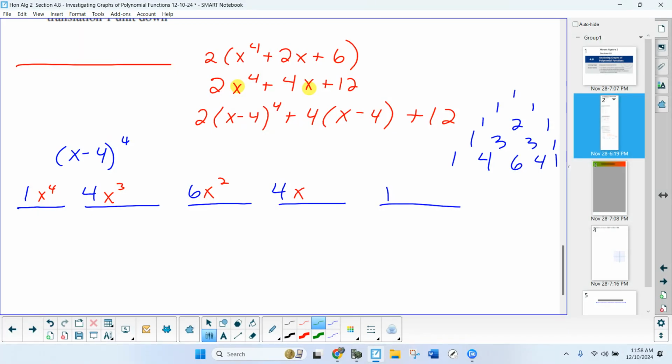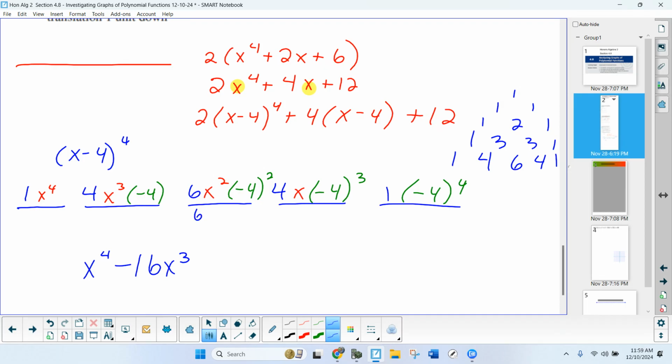How many negative 4s? None. How many negative 4s? 1, 2, and so on. So this starting term is just x to the 4th. Here you have negative 4 times 4, that's negative 16x to the 3rd.